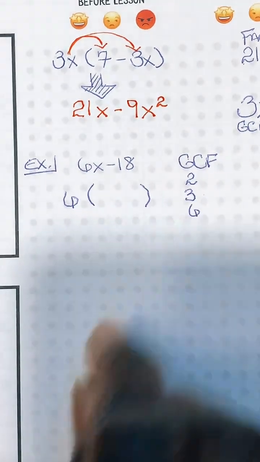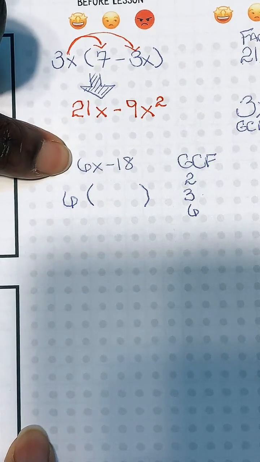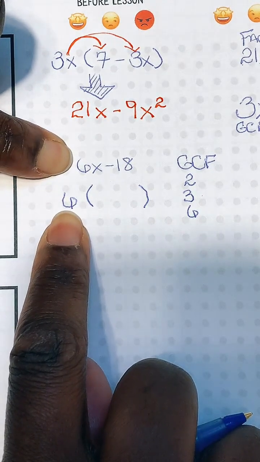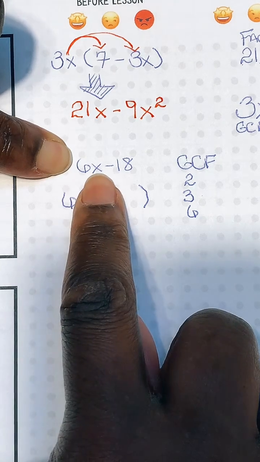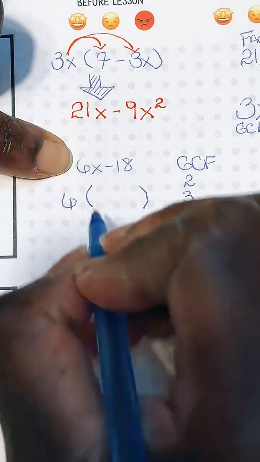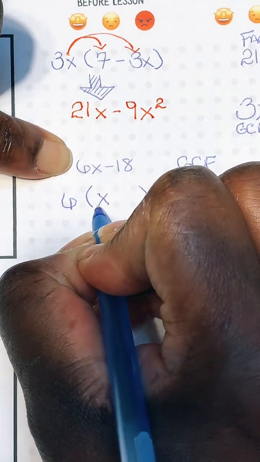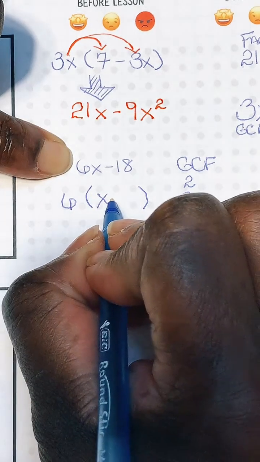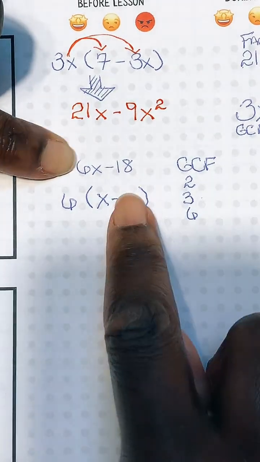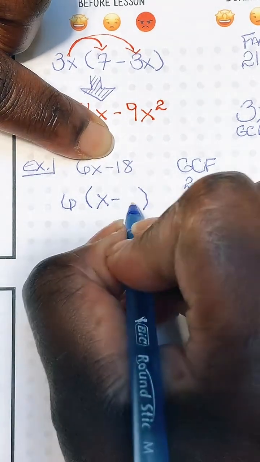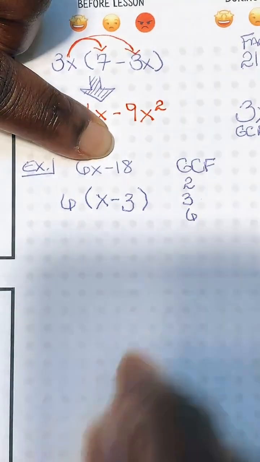Now we're going to take our original and divide it by our GCF. 6x divided by 6 gives me 1x, or just x. The minus sign that's there, I'm going to bring it on down. And then 18 divided by 6 will give me 3.